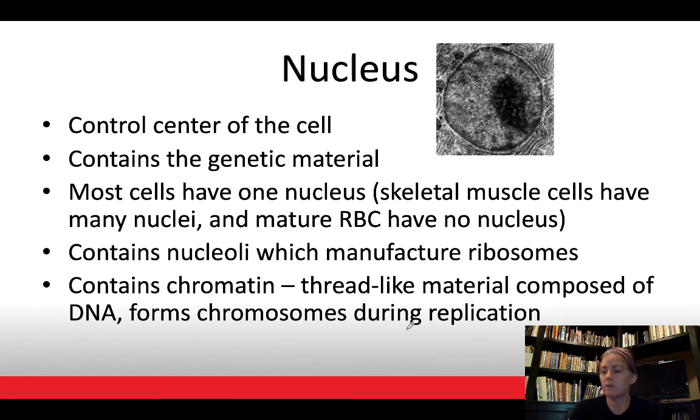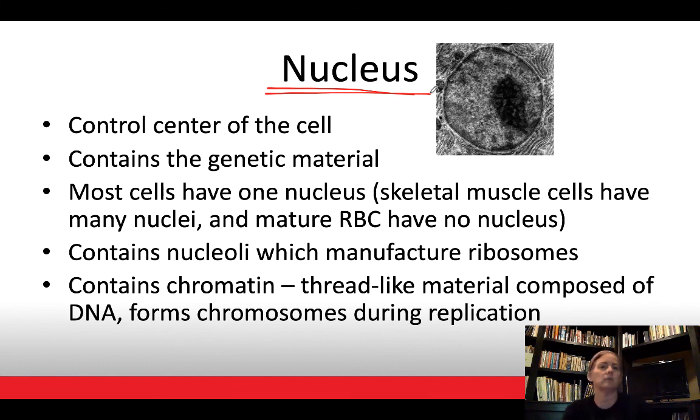The last thing that I want to touch base with here is the third part of all human cells, and that's the nucleus, which is the control center of the cell. This is where the genetic material is contained. Most cells in our body have one nucleus, although there are examples of some cells that are multinucleated, like skeletal muscles are huge, and embryonically they were comprised of many, many smaller cells that are fused together, and so they're multinucleated.